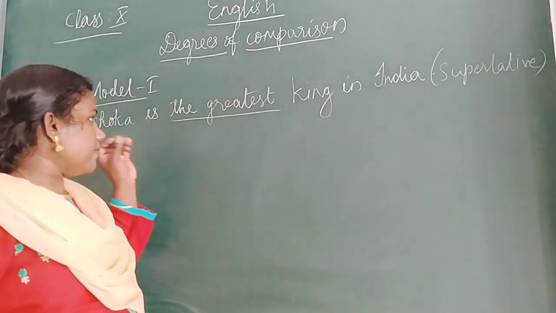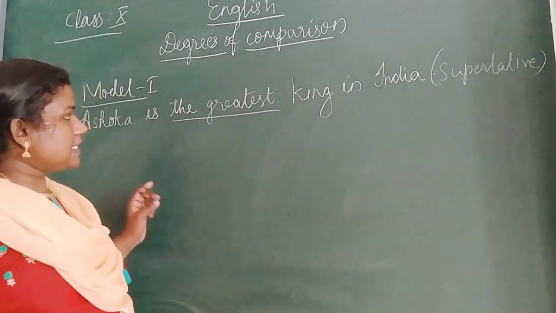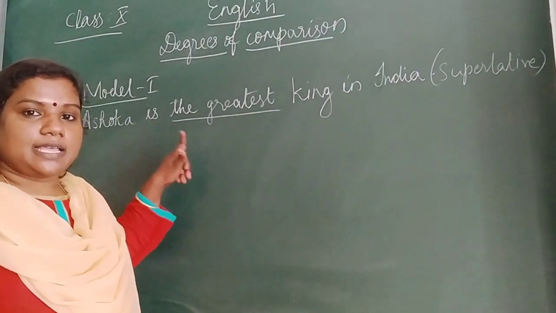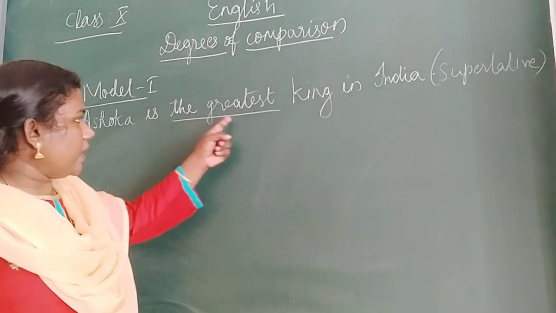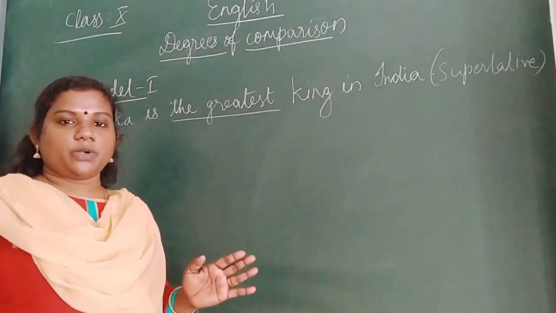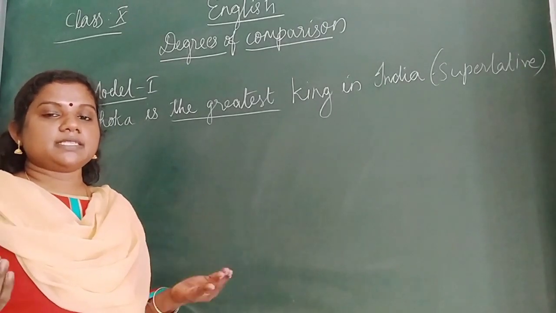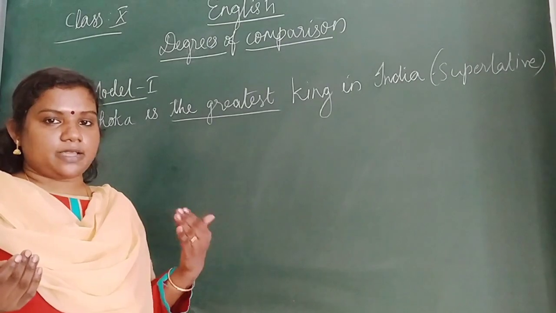When we get a sentence, we should be able to identify which degree it is in. Here you see, Ashoka is the greatest. In the last video I told you about the EST form: we can make the superlative form of an adjective by adding ST or EST.